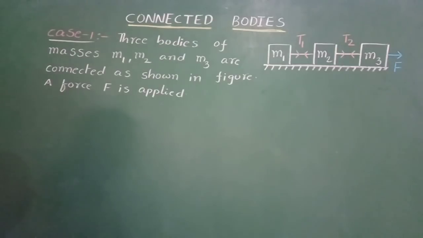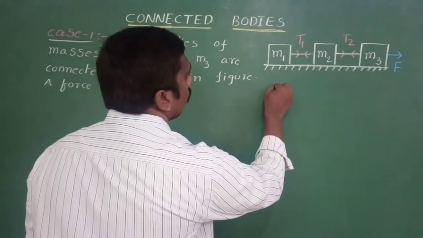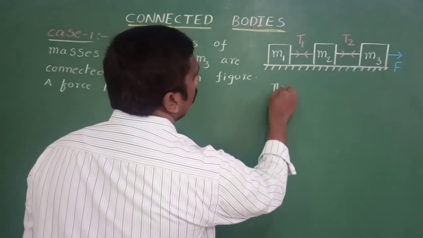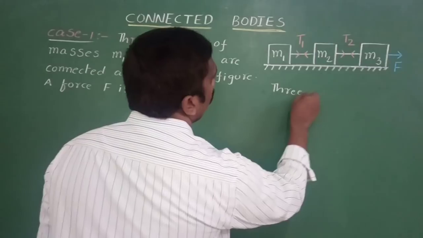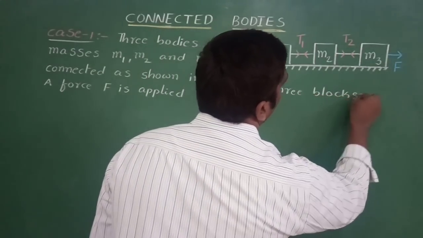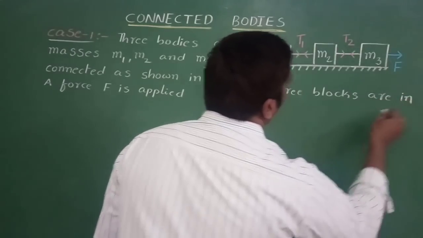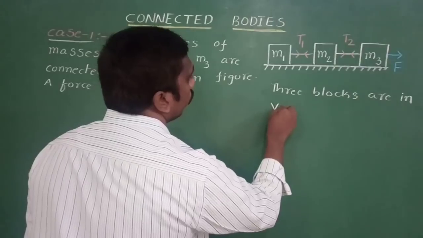In this case, blocks are moving along the horizontal direction. That means the three blocks are in vertical equilibrium. Vertical equilibrium means the net force acting along the vertical direction is 0. That's why there is no need to consider vertical forces.